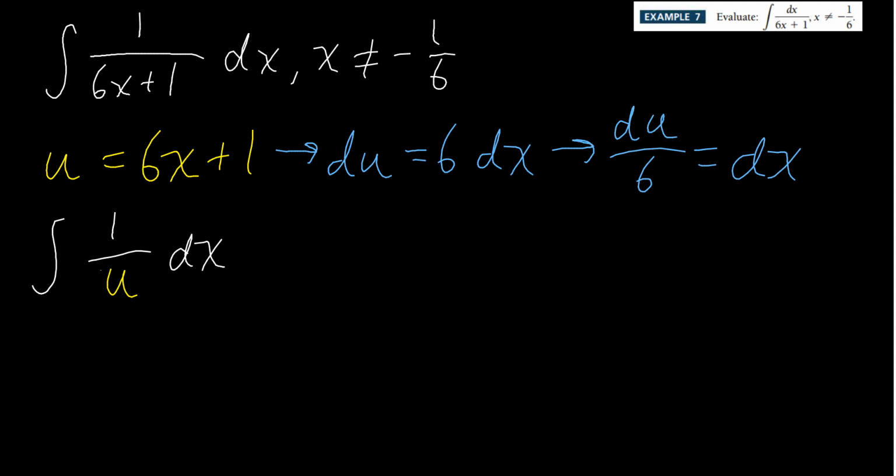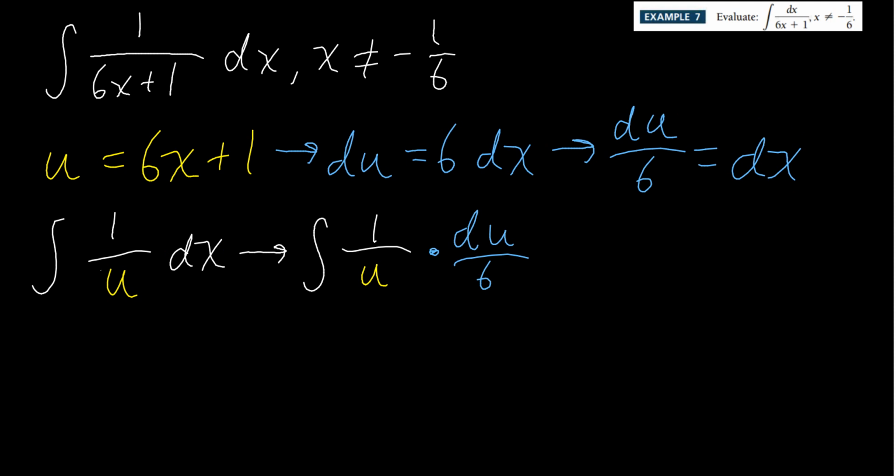So that substitution now looks like this. I can say the integral of, now I'm replacing that dx, so it's going to be 1 over u, and I'm replacing this dx with this dx, which is du over 6. So it's going to be times du over 6. And I don't really like it written like that.